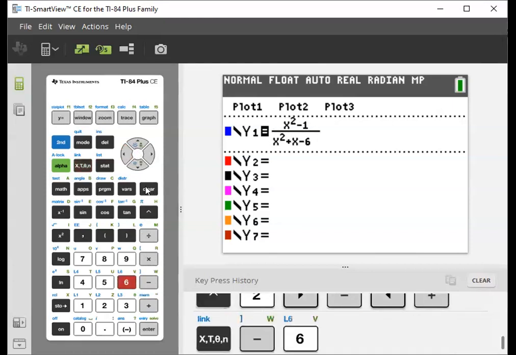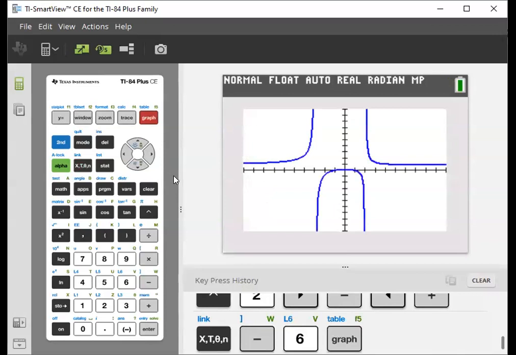Sorry, I type slow, but if I get in a hurry, I start making mistakes. So x squared plus x minus 6. And I go ahead and look at the graph.